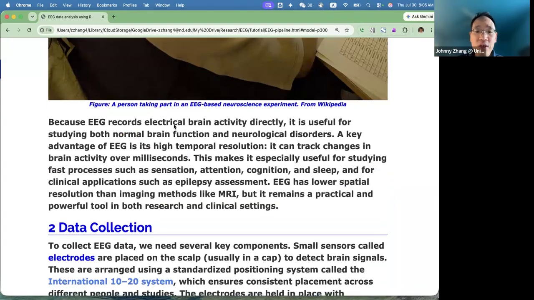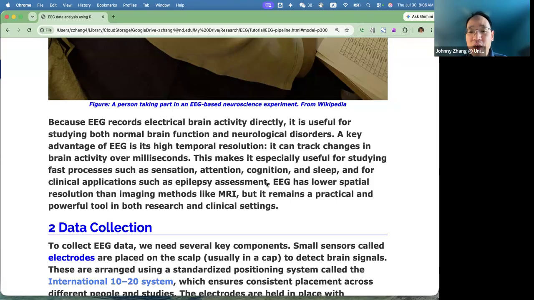The EEG data is useful for studying both normal brain function and neurological disorders. A key advantage of EEG is that it has very high temporal resolution, so we can track the changes in brain activity over milliseconds. Therefore, we may have a lot of data collected over time.